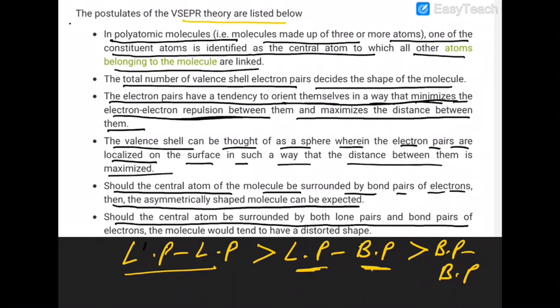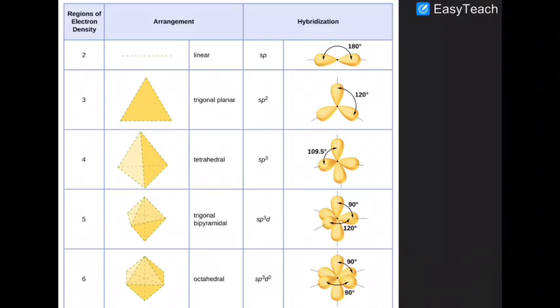All these examples are applicable when only bond pairs are present. Presence of one or more lone pairs will cause a distortion in the geometry of the molecule. Once more, lone pair repulsion is maximum, lone pair bond pair repulsion is after that, and bond pair repulsion is the least. So I am repeating that if it is sp, it is linear geometry, perfect shape.